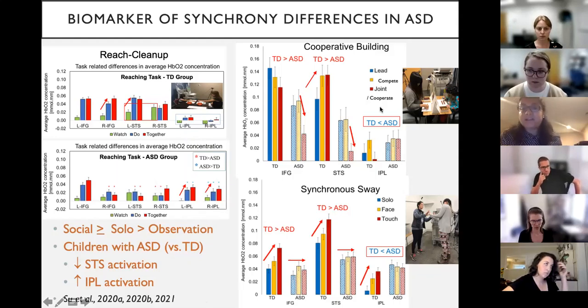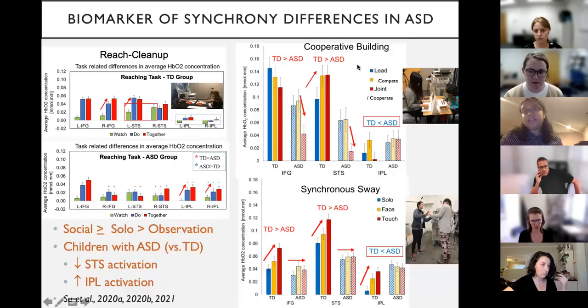So the second task is the cooperative building task. Here again, we see that typically developing children are showing much more activation. The solid bars are higher compared to these hatched bars. In the inferior frontal gyrus, you see this. You also see it in superior temporal sulcus. The different bars are the different cooperation conditions.